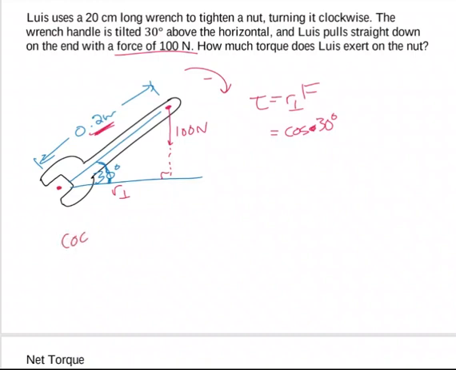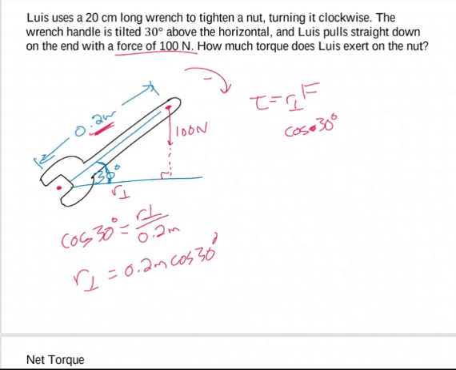Cosine 30 degrees equals the adjacent, which is our perpendicular, over the hypotenuse, which is 0.2 meters. So our perpendicular equals 0.2 meters times cosine 30 degrees.